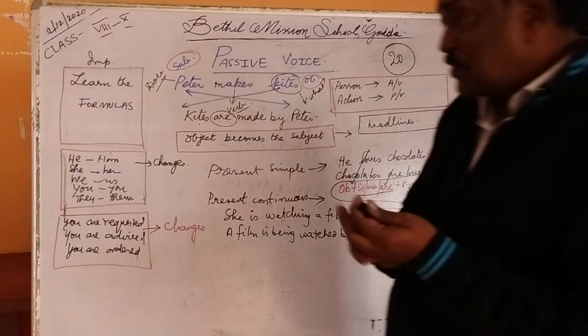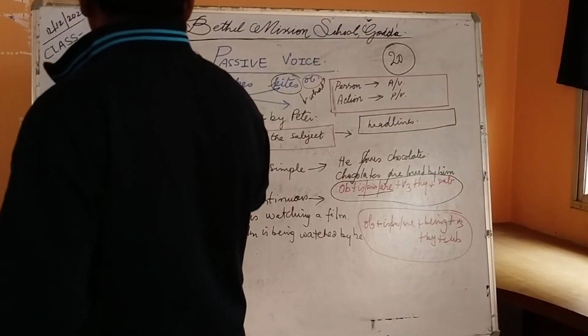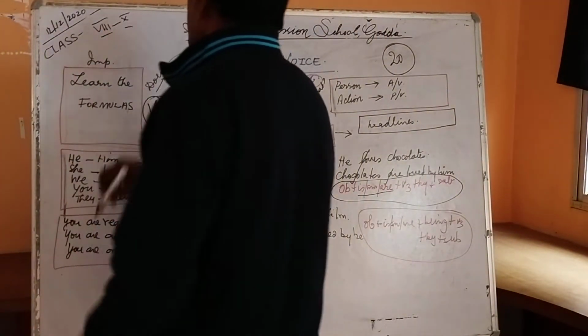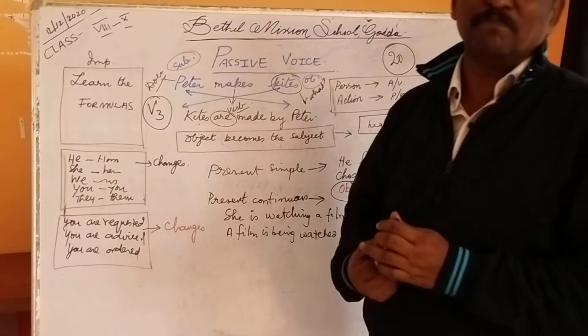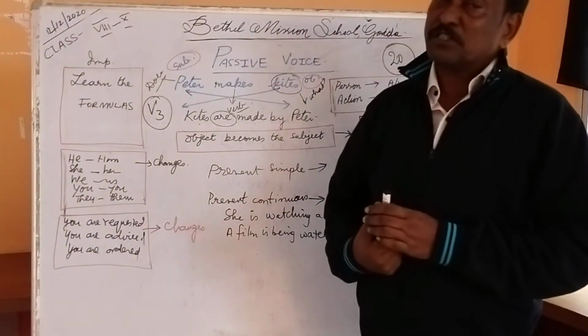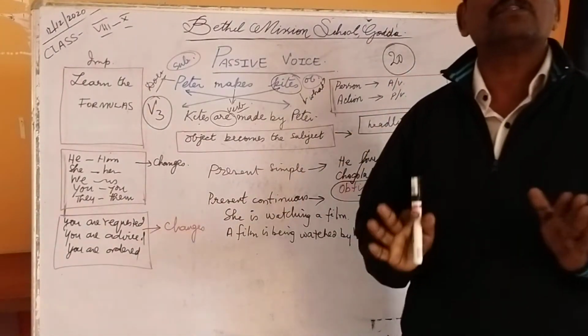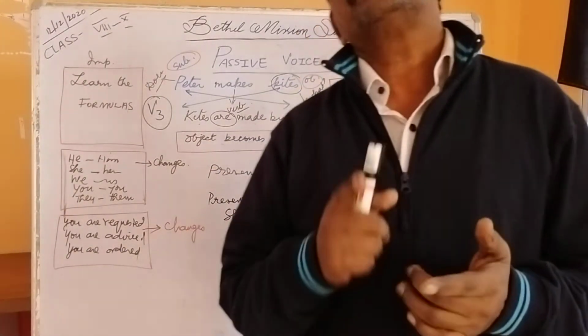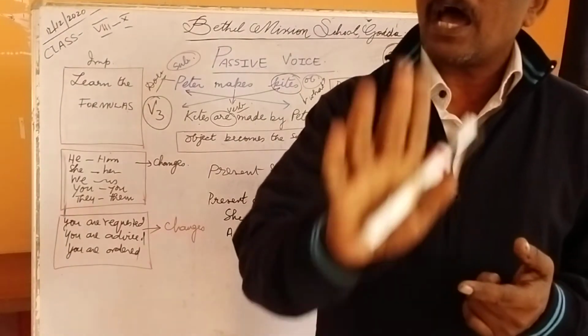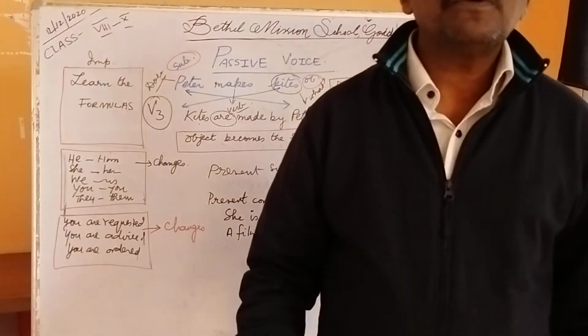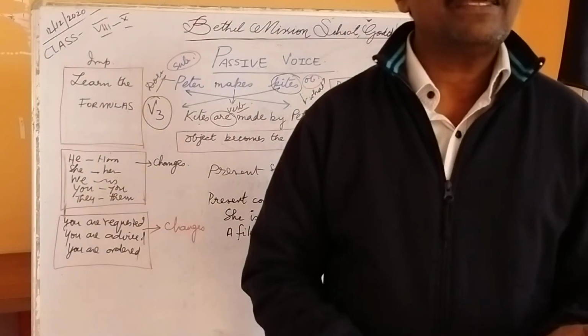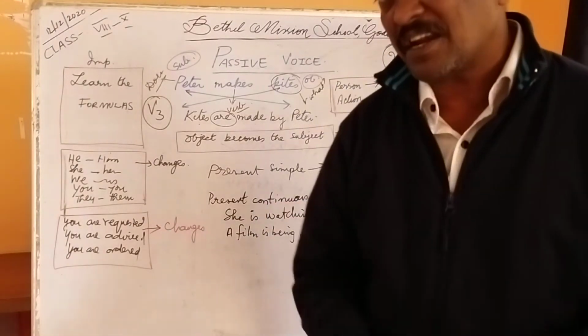Now, you need to focus on one thing more, that is the V3 past participle. I always tell students of English grammar to be familiar with V1, V2, V3 and V4. Every verb has 4 forms. For example, take the verb study: study, studied, studied, studies.